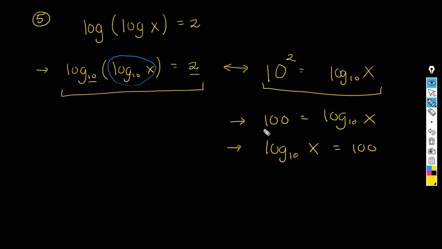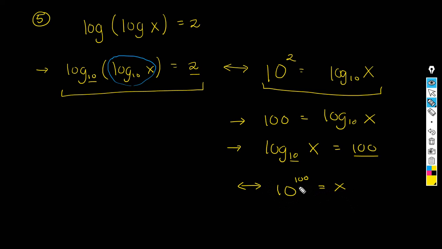And I'm going to apply the same method that I did here. If logarithm base 10 of x equals 100, that's because 10 to the 100 is equal to x. And we're done. Can you see? We have isolated x. X equals 10 to the 100.